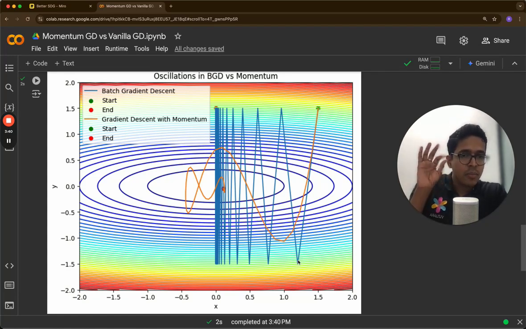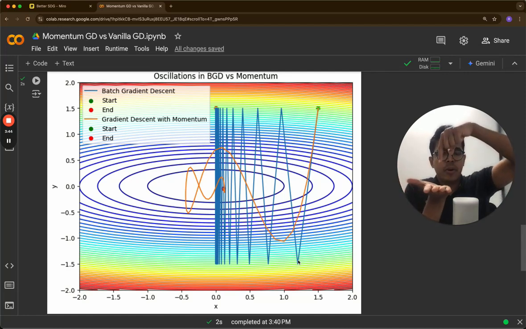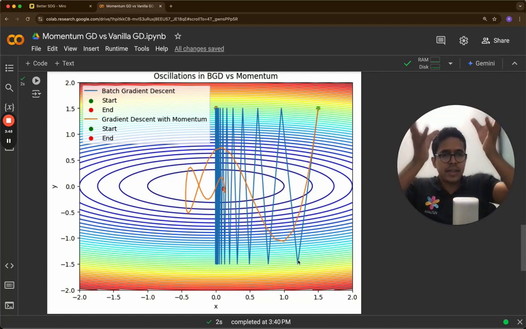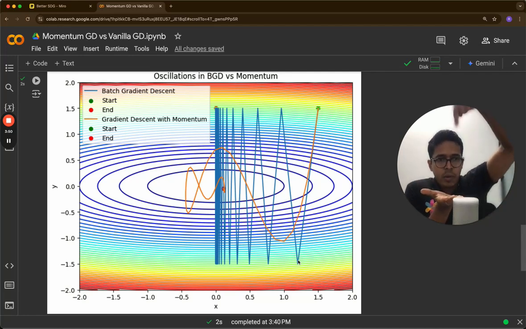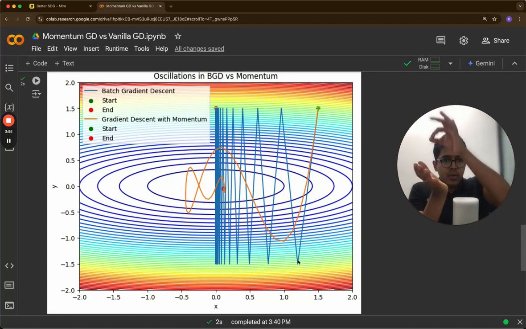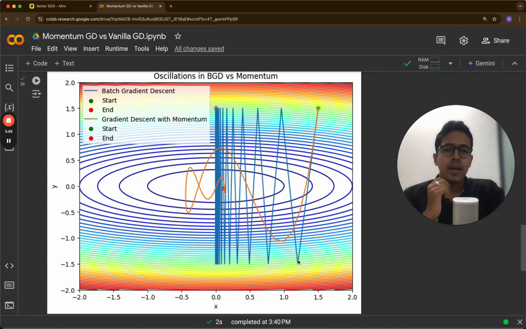Now, is the ball moving from here to here? See, this is the movement of the ball when you are looking from top down. So actually, the contour is in this shape, you are looking from the top, and we are plotting that. So the ball is actually rolling down the contour like this, but you're plotting it as if you are looking from here. So the blue does not look like a ball going down the contour into the bottom of this parabolic shape.